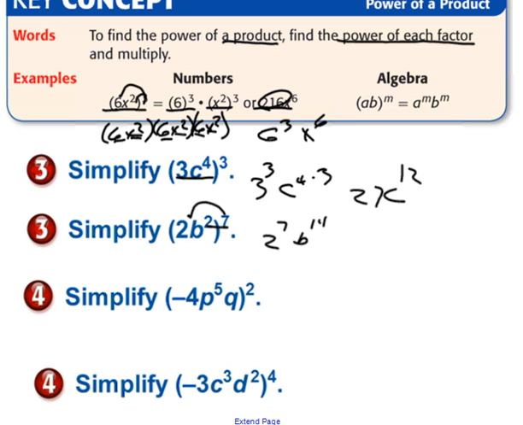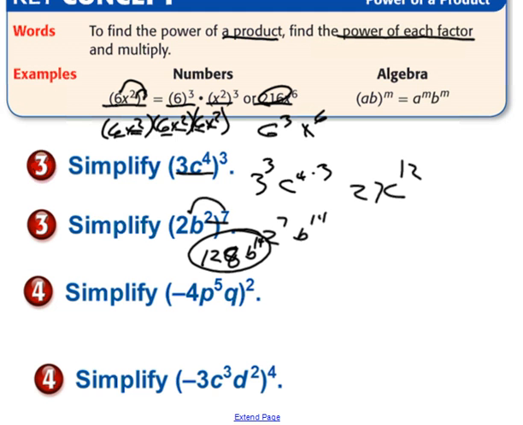Well, 2 to the 7th power, I'm going to look at my calculator to calculate what 2 to the 7th is, or I could just go 2 times 2 times 2, 7 times. 2 to the 7th power is 128. So I'd say 128 times b to the 14th power.